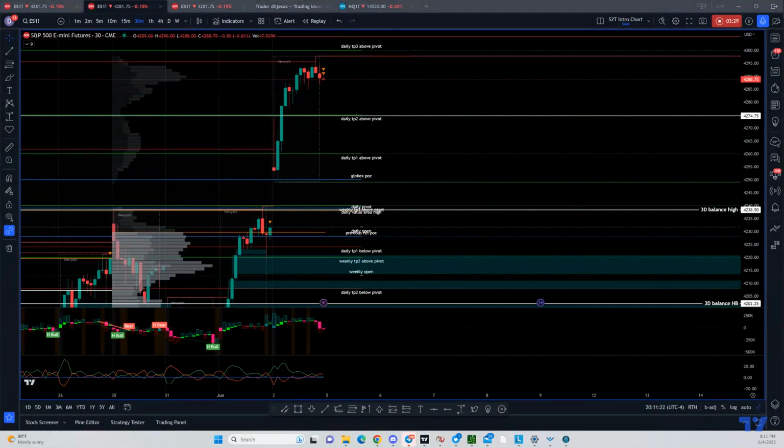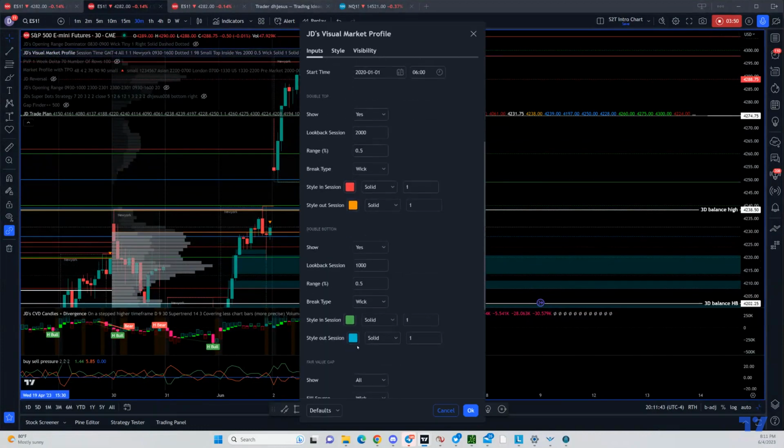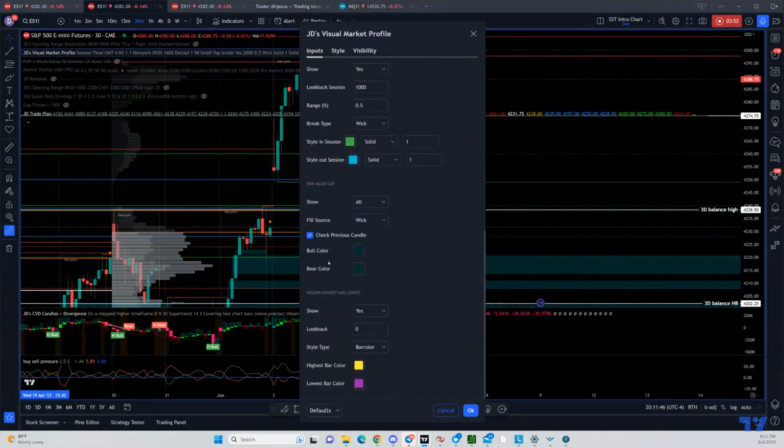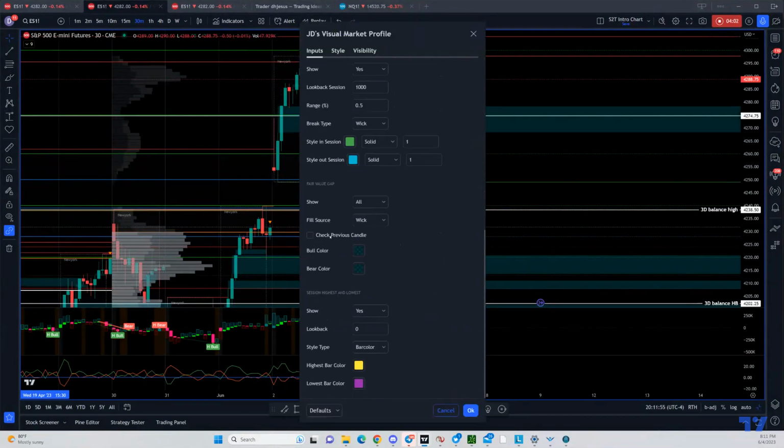I just want to confirm that in Thinkorswim, but I am 100% sure that we got a single print in there. If I bring my tool back again, it will tell me that I have a fair value gap or single print, which in this instance would be the same.